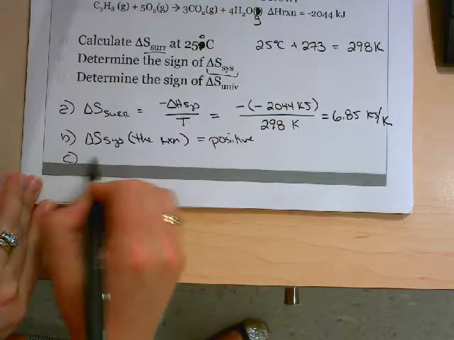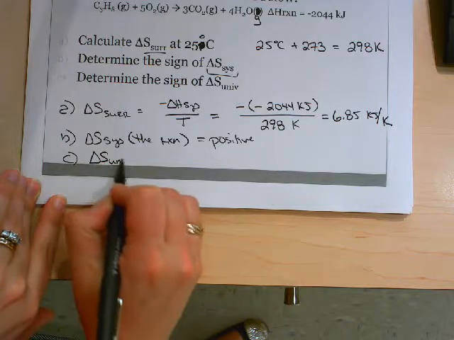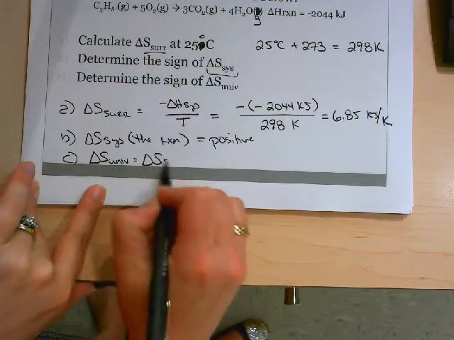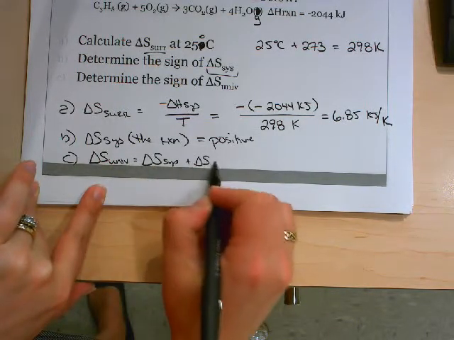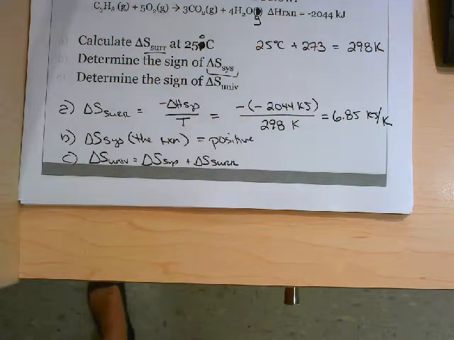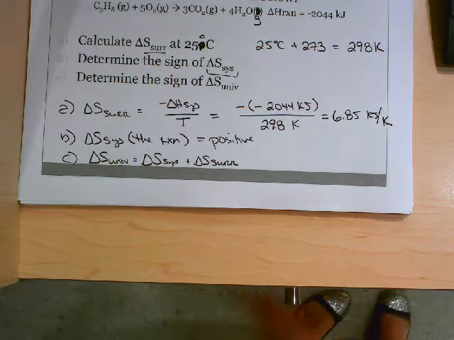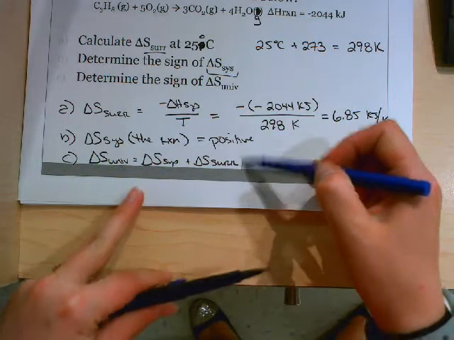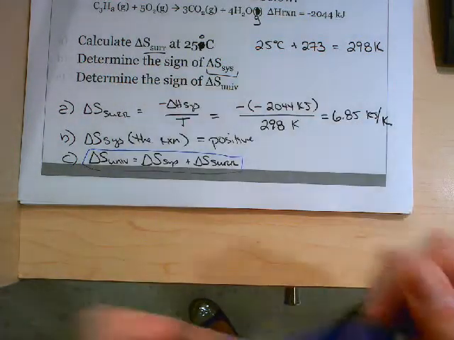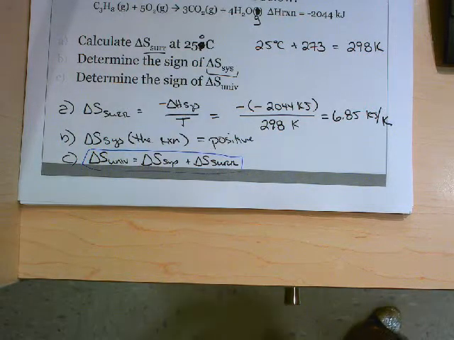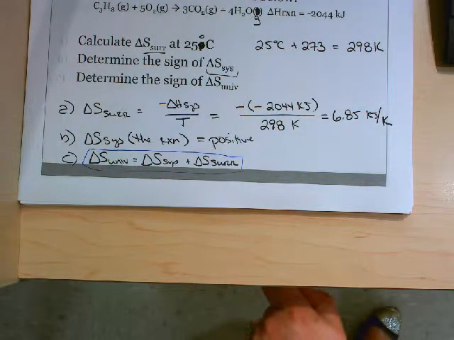Alright, so then let's look at my equation for delta S of the universe. We've had that before. It's just the system plus surroundings.